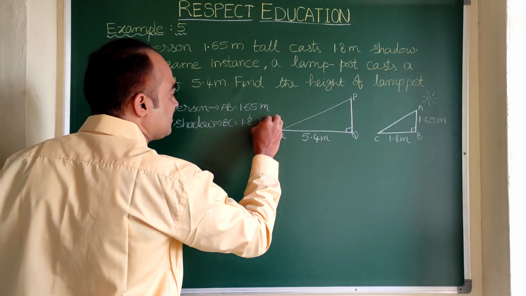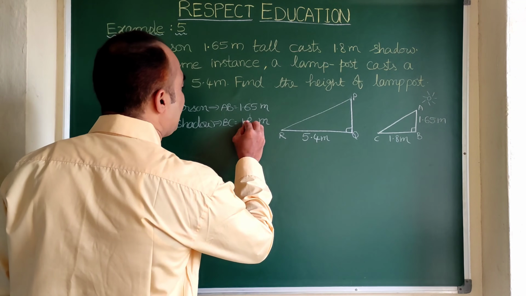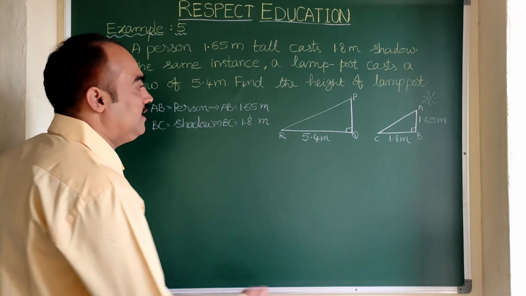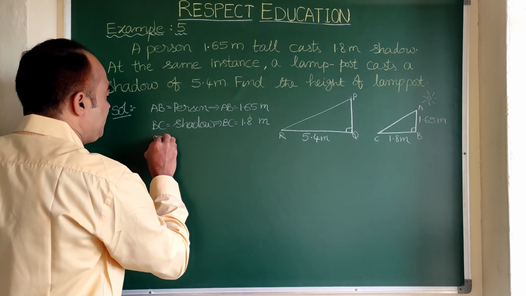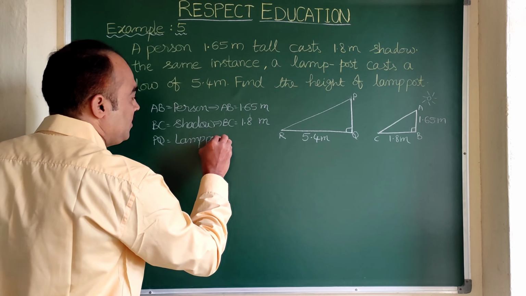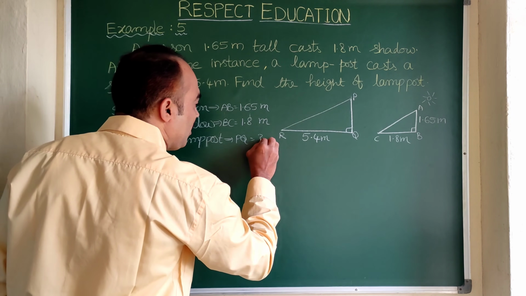1.8 meters. Right. Now here we can write the lamp post details also. Here PQ is the lamp post whose height is to be found. So PQ is here question mark.